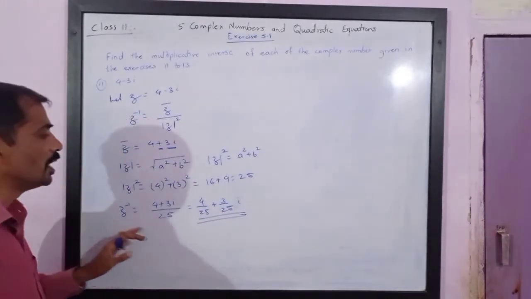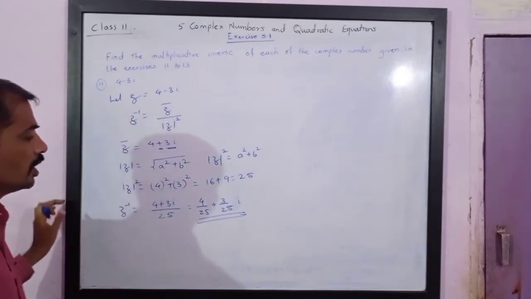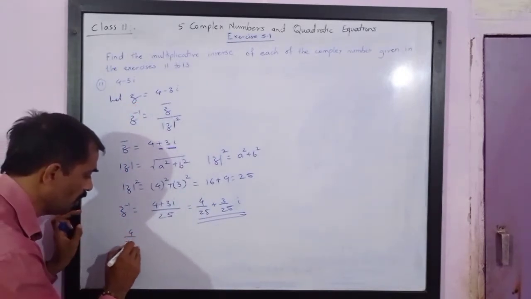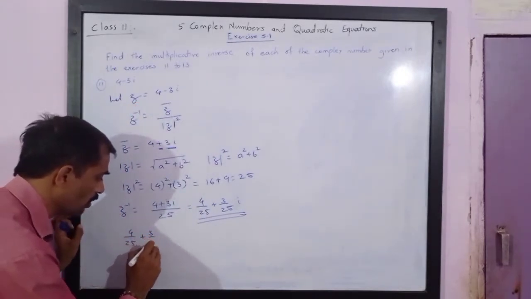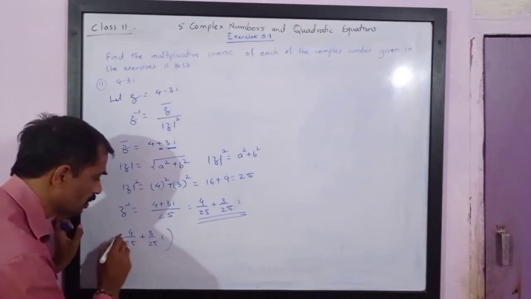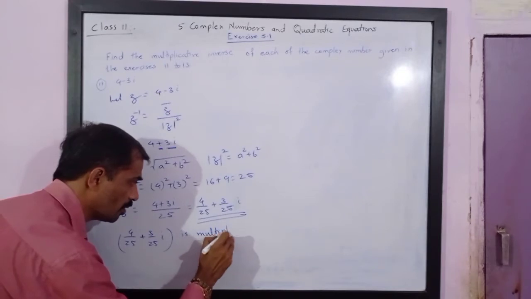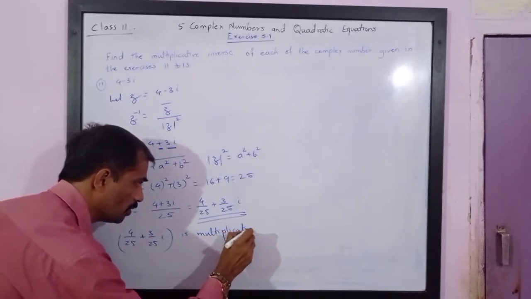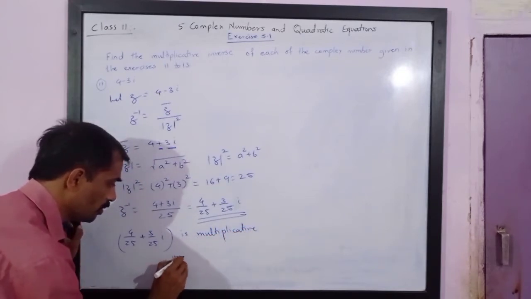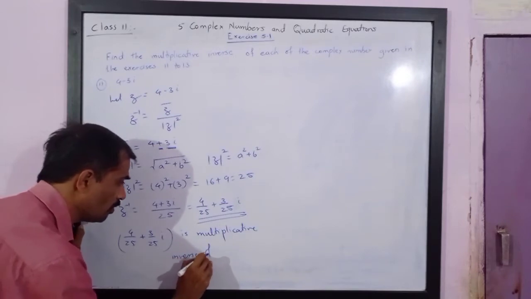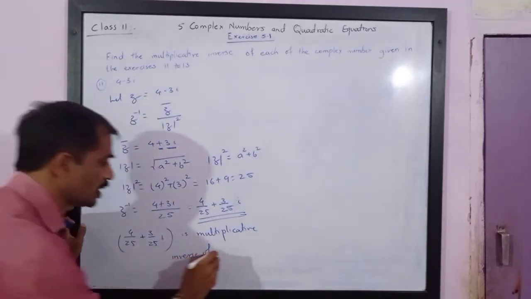So this is the multiplicative inverse of the given number. It means 4 upon 25 plus 3 upon 25i is the multiplicative inverse of 4 minus 3i.